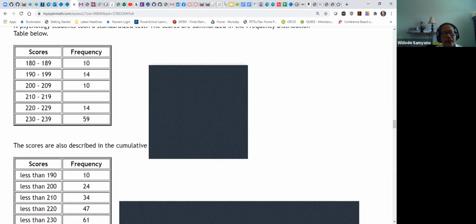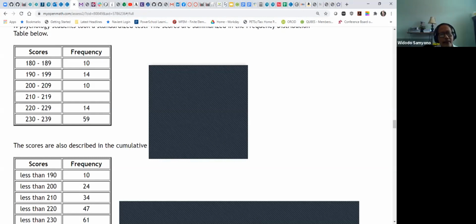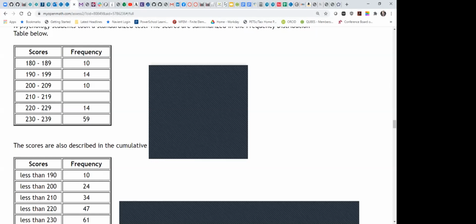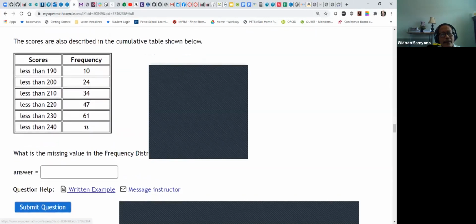So go from here to here, you need to add with what? 13, right? Wait, do we add or do we subtract? You can add it to get this number, or you can subtract this number with this number. So if you subtract, you got 13, right? Or if you add 13 to 34, you got 47, right? Okay. So the answer will be 13.